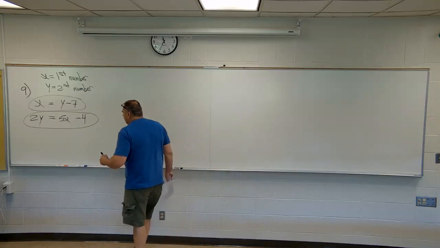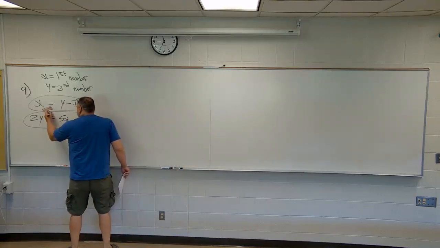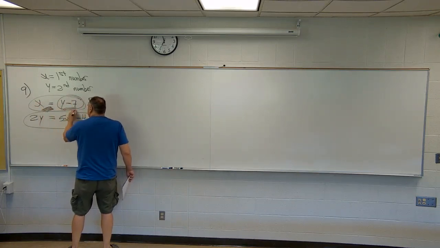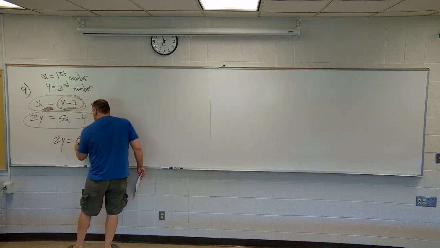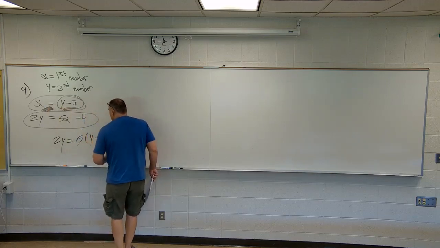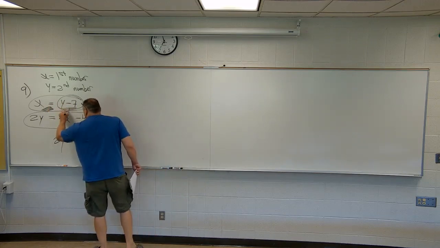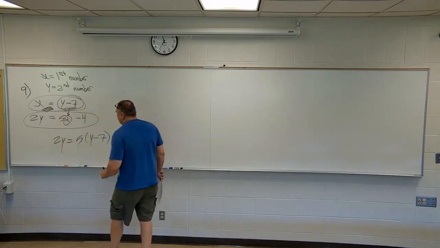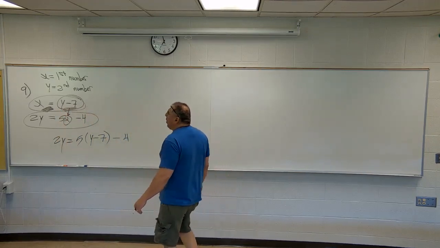You can do a lot of stuff here. I think the slick way to do it is this. If x equals this, put x right here. 2y equals 5 times x, and x is equal to this. Probably the easiest way to go. Minus 4. So I just substitute this right into here. What's the point?